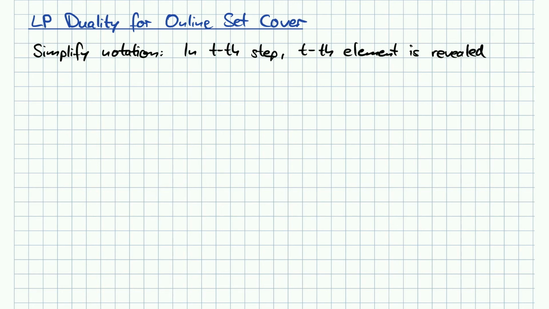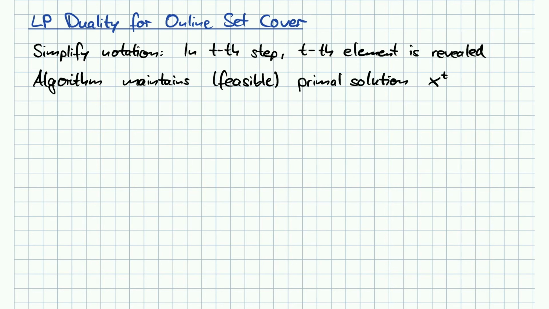And now what we'll do is the algorithm maintains a feasible primal solution xt, which of course fractionally covers the elements 1 through t, and it also constructs a dual solution.